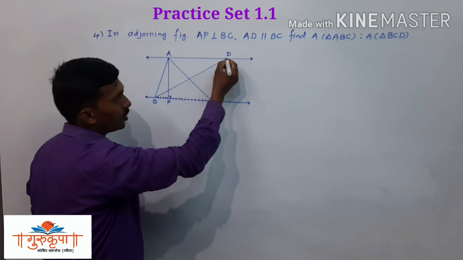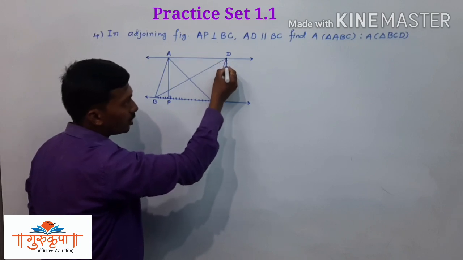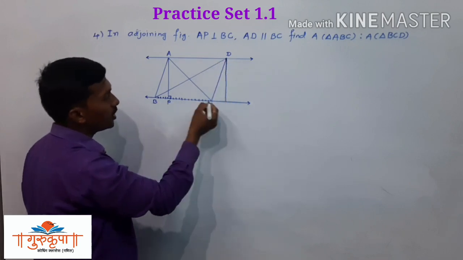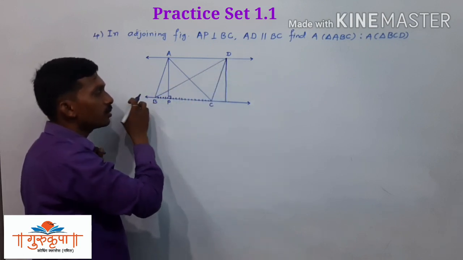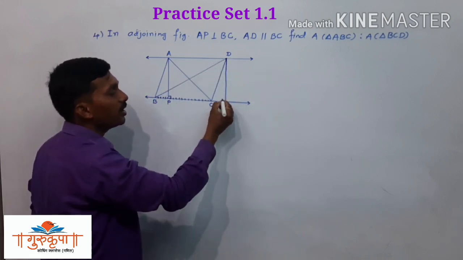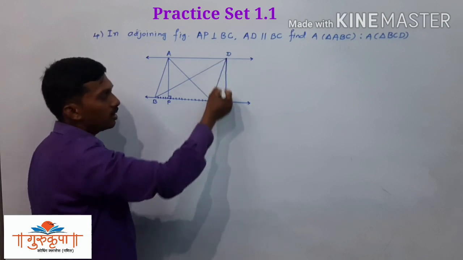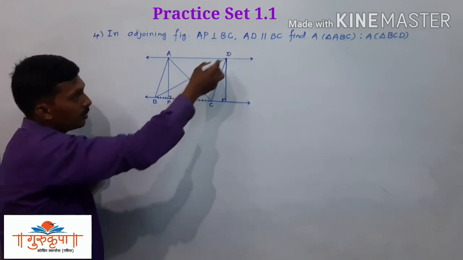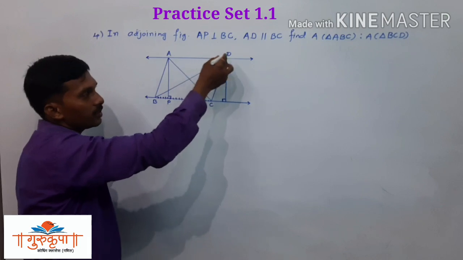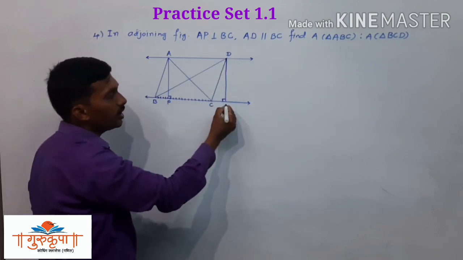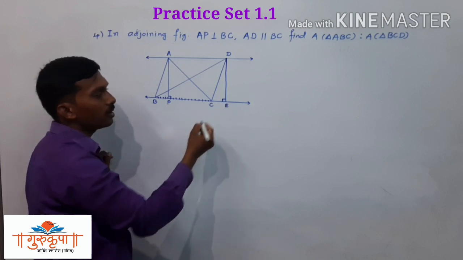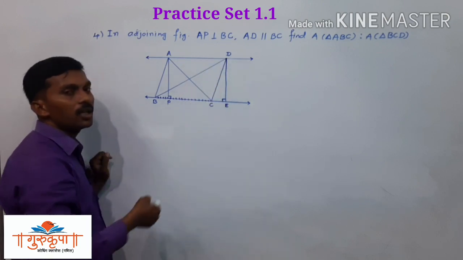We are unable to draw the perpendicular on the base BC directly, so BC is extended. And here we plot the height of that triangle BCD. In this triangle BCD, BC is the base and DE is the height.